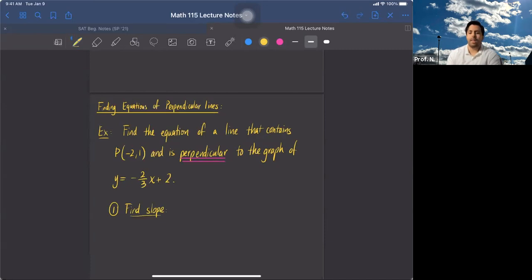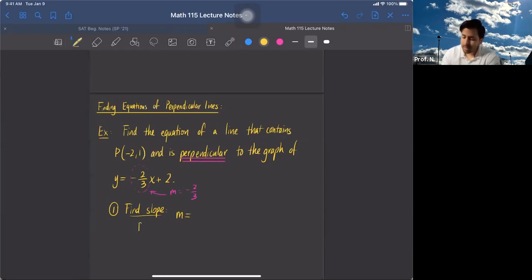However, I can't just say, hey, the slope is negative 2/3. Why not? Because it's perpendicular. So my slope of the original line that I'm considering is negative 2/3. So then what's going to be the slope of the line that I'm interested in? That's perpendicular.